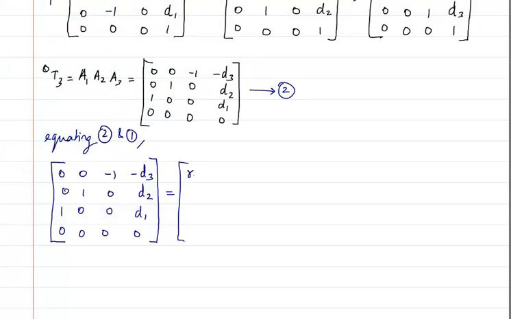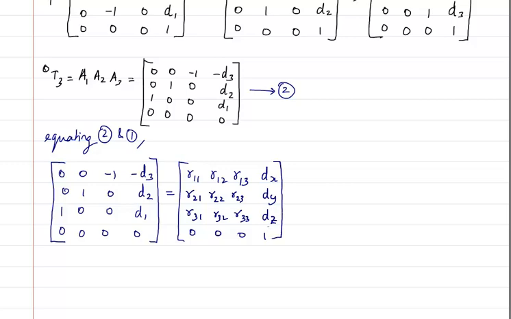There we had R11, R12, R13, R21, R22, R23, R31, R32, R33, and finally dx, dy, dz, 1.